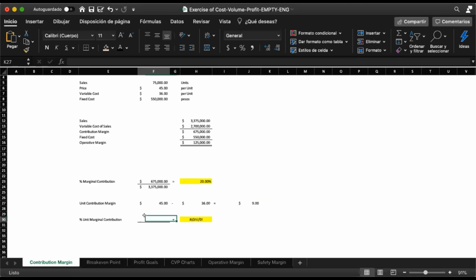And if it gives you the same percentage as the total, the same 20%, then you are correct. So 9 over what? 9 over this one? Yes, because it's the one related with the sale.